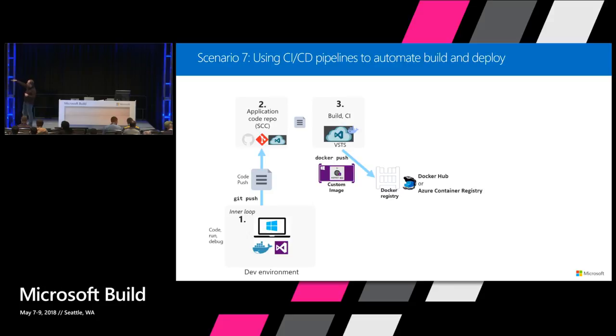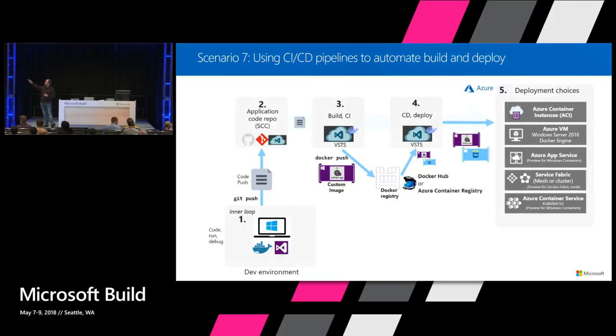And from your CI pipeline is where you push the image into the Docker registry, Docker Hub or Azure Container Registry. And then you will have your CD deployment pipelines, and you grab that image from the registry, and then you deploy it to any of those environments that we were talking about. Okay, could be for dev test environments or for a production environment.